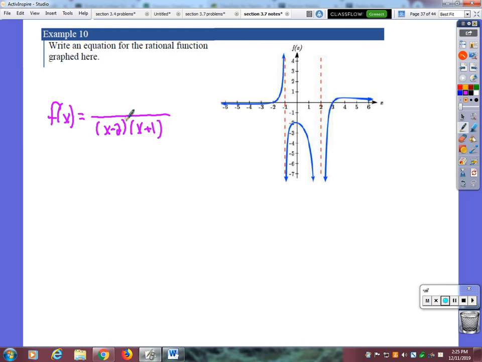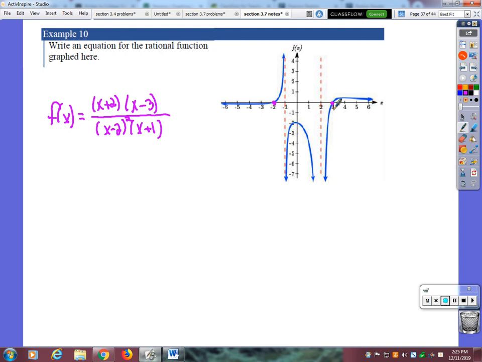So that means the x minus 2 is squared, okay? What do we know goes on the top from the fact that it crosses the x-axis at -2 and at 3? x plus 2 because it crosses at -2, and x minus 3 because it crosses at 3. Okay, that seemed pretty easy.